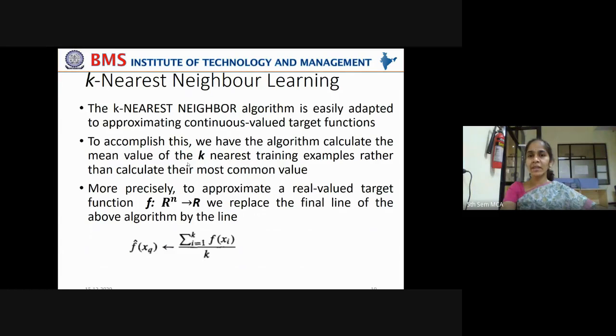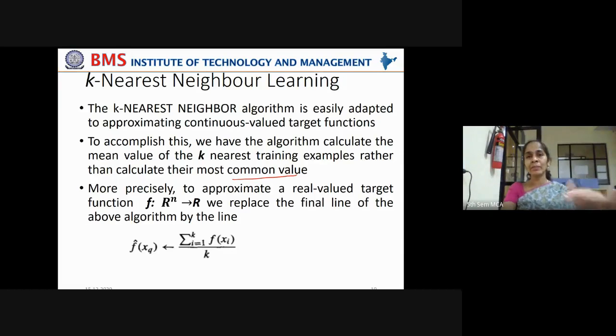Now, the k nearest neighbor algorithm is easily adapted to approximating continuous value target functions also. Not only binary classification, not only multiple classification, but it can be changed in order to work with continuous value target functions also. To accomplish this, we have the algorithm calculate the mean value of k nearest training examples rather than calculate their most common value.